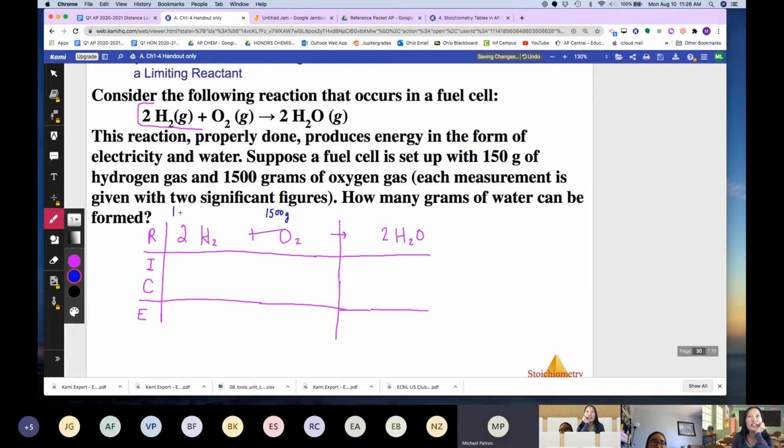Hydrogen, how much hydrogen gas? 150, perfect. Don't put it in the box yet, because I want to put moles in my box, because it's just easier. If they give it to you in grams, what do you do? Convert it to moles. Yeah, convert both of them, please. Hurry, all of you, because you're going to do it faster than me.